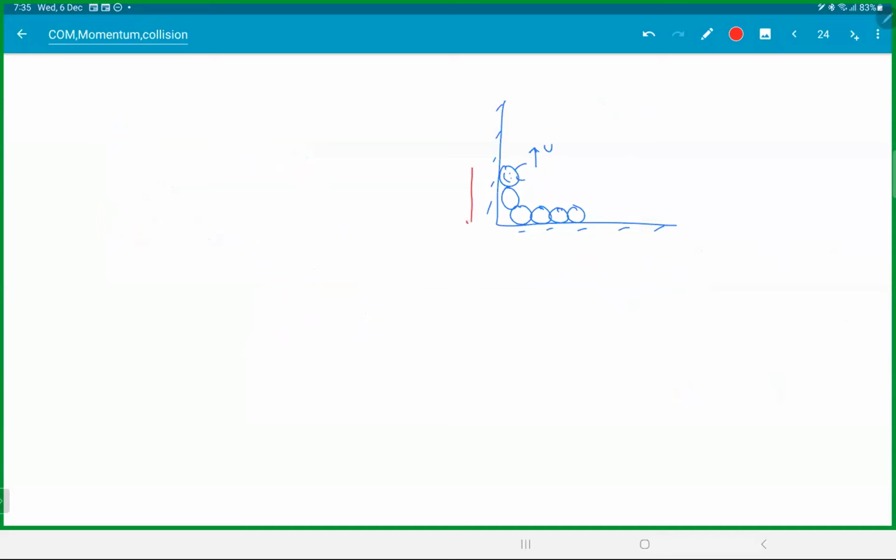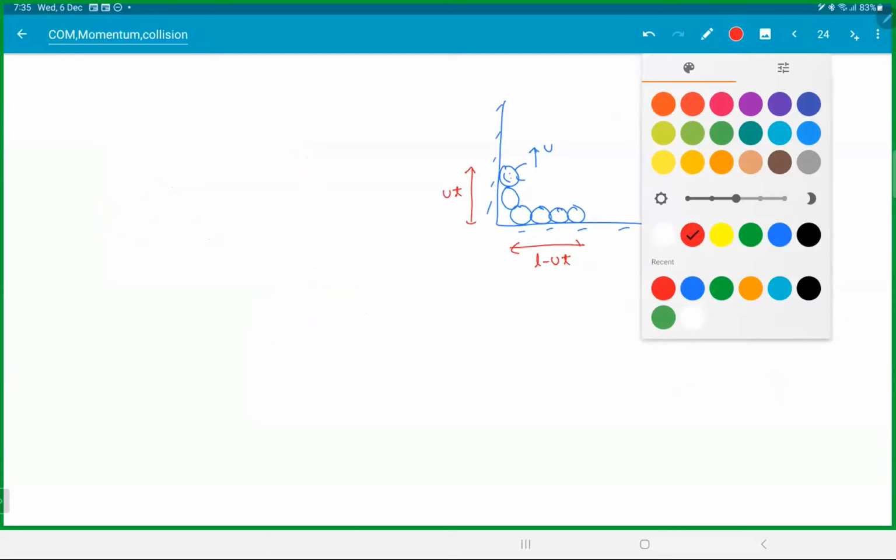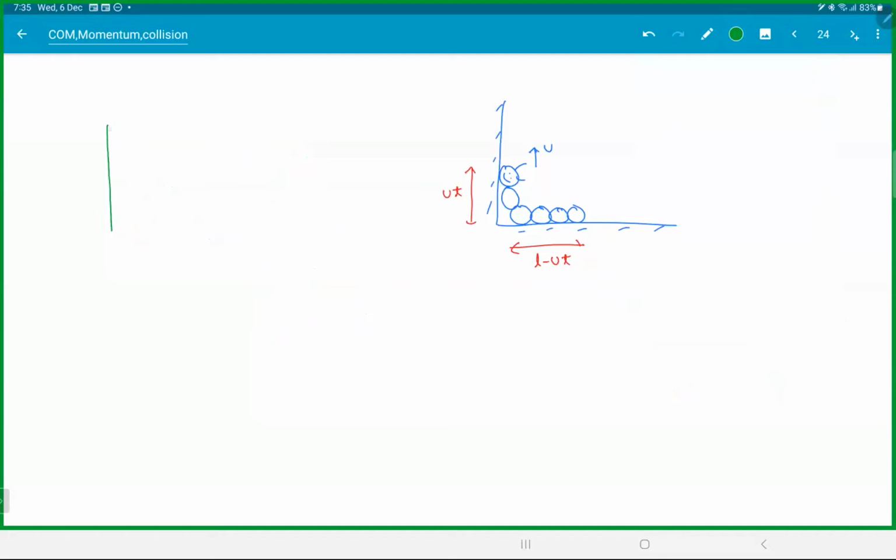So at time t, this will climb how much? ut. This will be how much then? L minus ut. So you can treat this as one vertical rod. This center of mass will be 0, comma, ut by 2. And this mass, let it be m1, which is total mass by total length into ut.